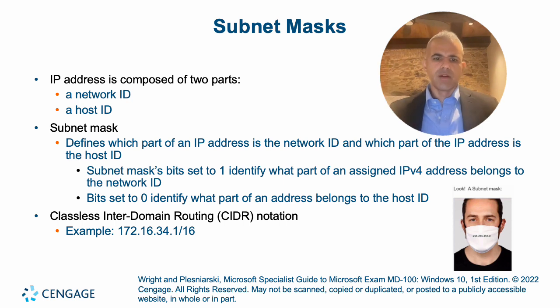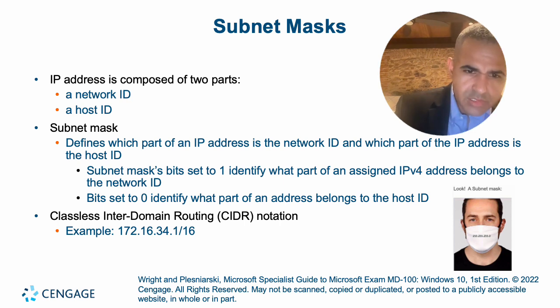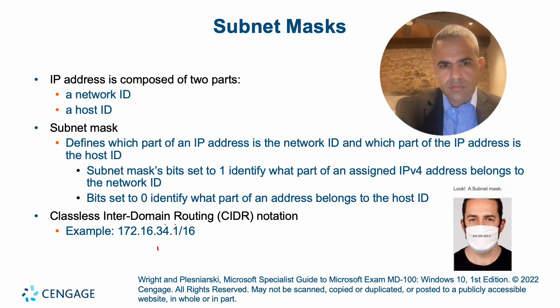Okay. So here's an example: 172.116.34.116. This /16 tells me that the first two octets belong to the network, and these last two are for the host. That's what that /16 tells me.